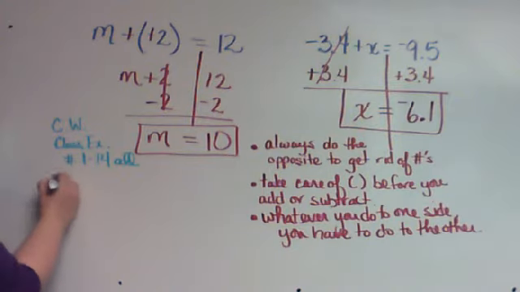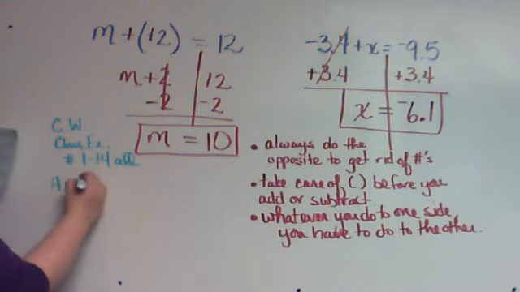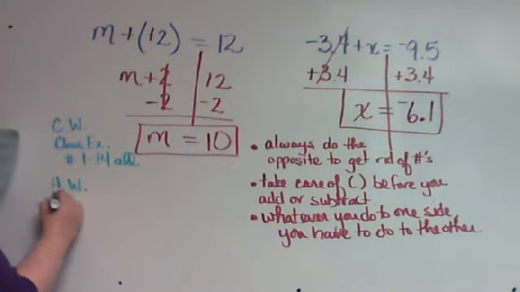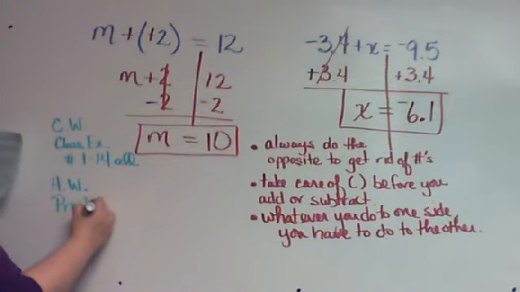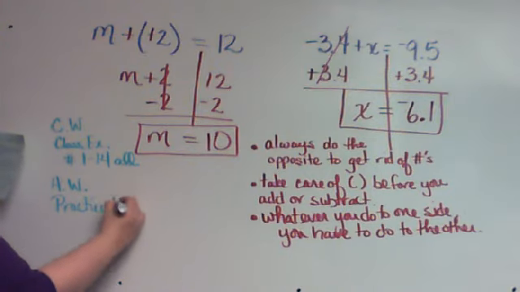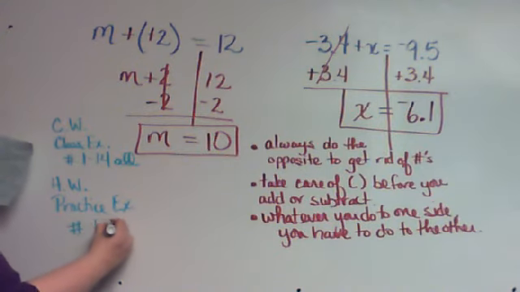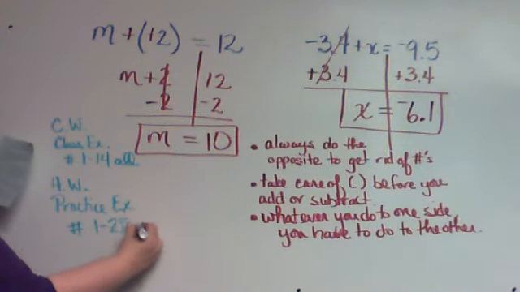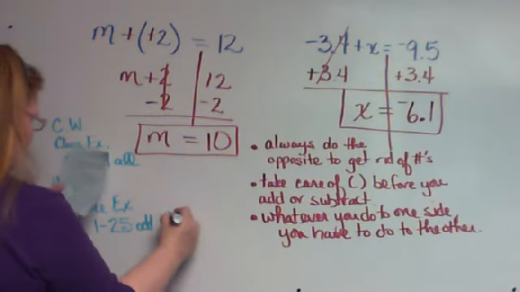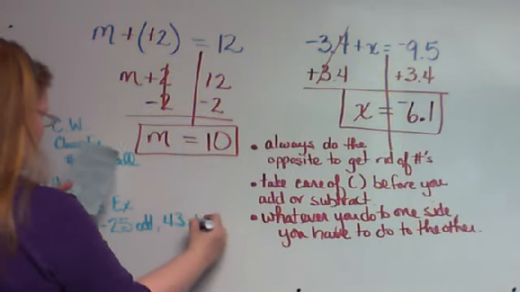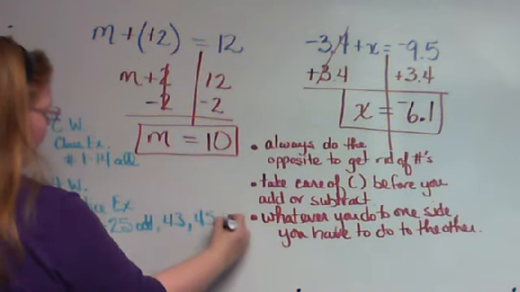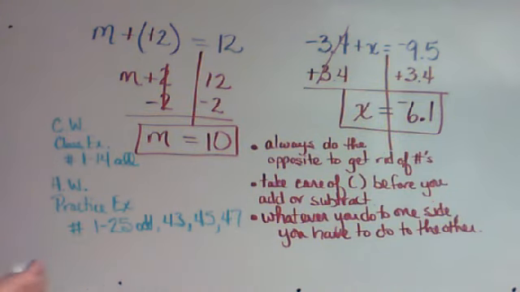And then the homework is going to be the practice exercises. Numbers 1 through 25, odd. And then 43, 45, and 47.